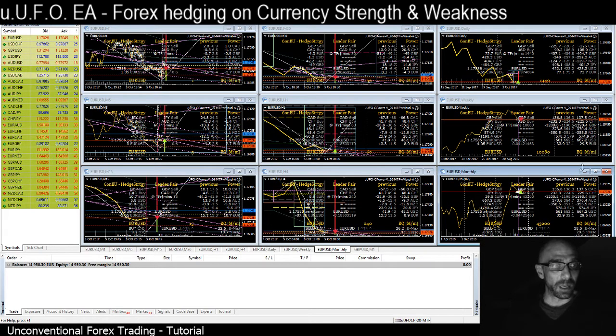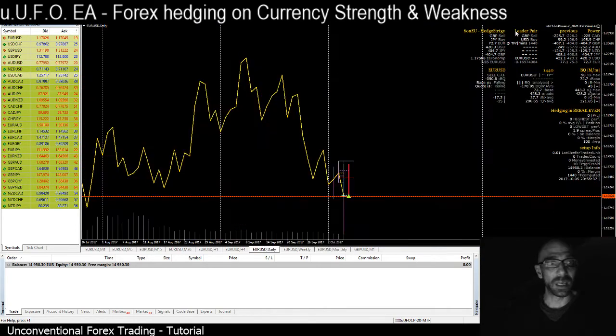Anyway, by giving a look at the daily time frame, we already see here that there are very huge blocks of weakness and strength that are indicated in dollar as strong and in GBP as weak.